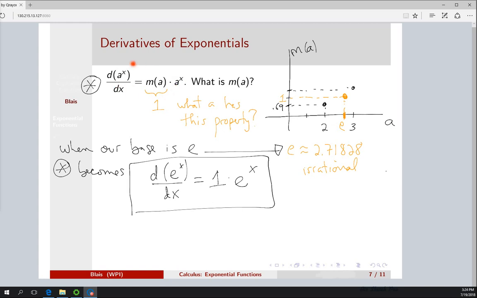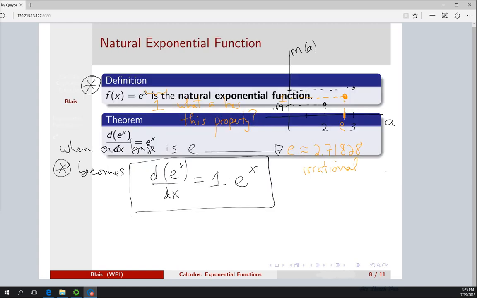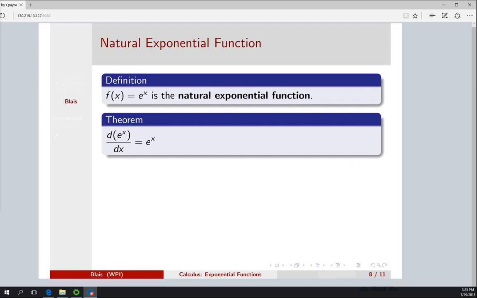But it's going to be the special function that has this property. Its derivative is itself. And we define it formally here on the next slide. Our natural exponential function. So this is a formal summary of what we just went over on the previous slide, but it is the exponential function such that its derivative is itself.